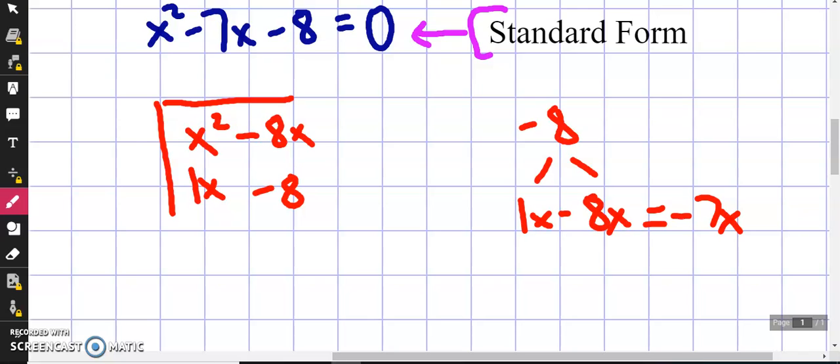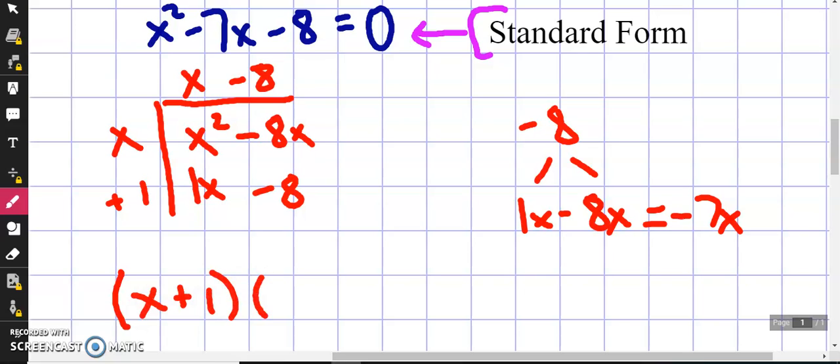I factor an x from the top row, which means I need an x here to make x squared. I need a plus 1 on the bottom row, which means I need a negative 8 on top so that my bottom corner multiplies to negative 8. So my factored form will be x plus 1 and x minus 8.